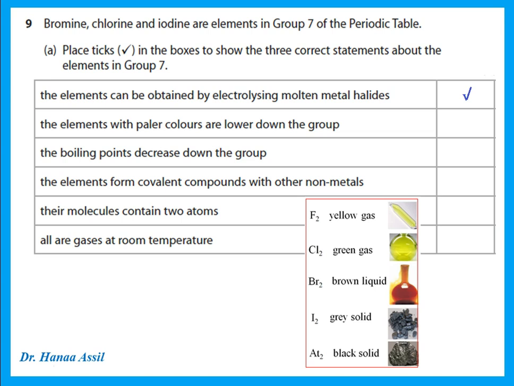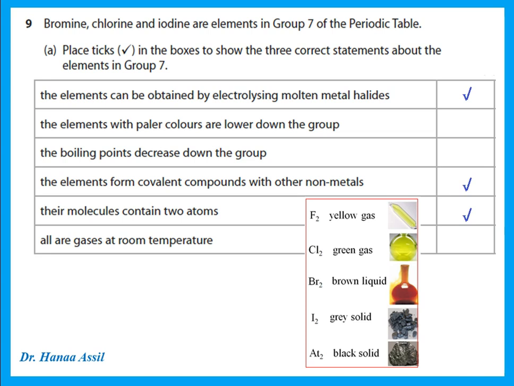The boiling points decrease? No, the boiling point increases because they are gases, liquid, solid. The elements form covalent compounds with other nonmetals. That is correct, because they are nonmetals and they form covalent compounds with other nonmetals. Their molecules contain two atoms.